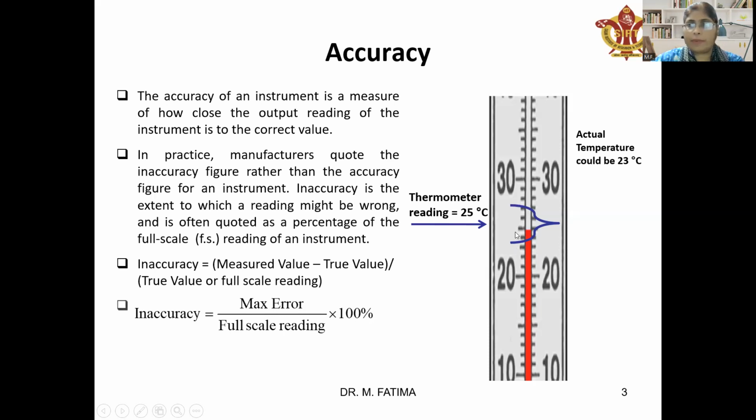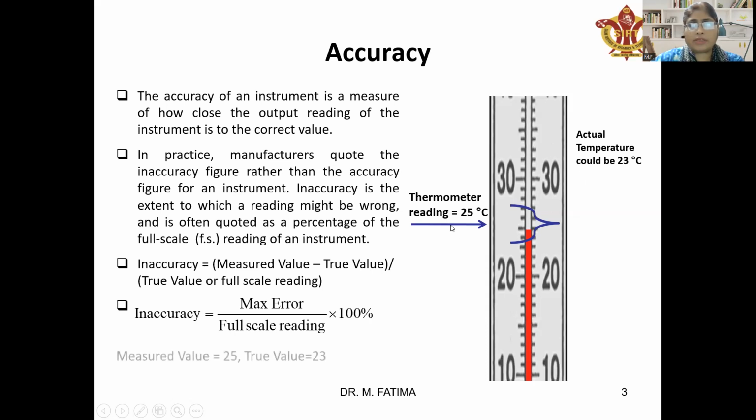Let's take an example. Here, this is a thermometer and the actual temperature is 23 degrees centigrade, and this thermometer reads a value of 25 degrees centigrade. So this is the measured value and this is the actual or true value.